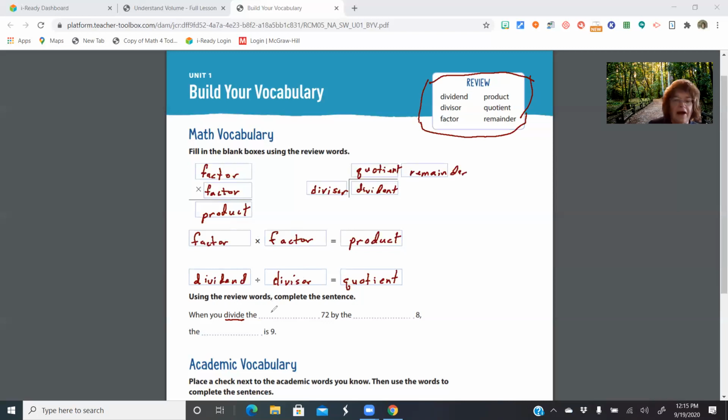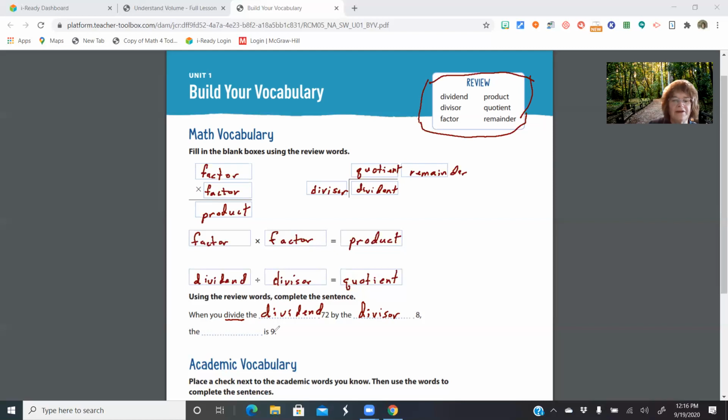So when you divide the dividend, that's this part down here, 72, by the blank, what do you think that is? Oh, you're dividing by the divisor, 8.